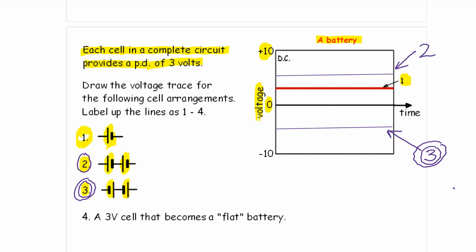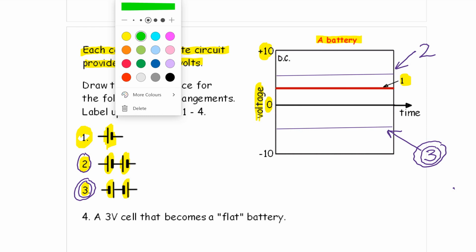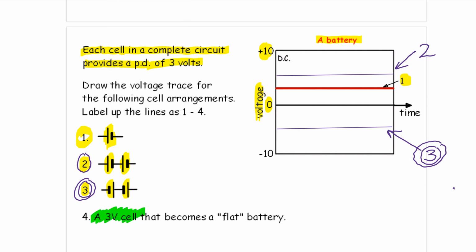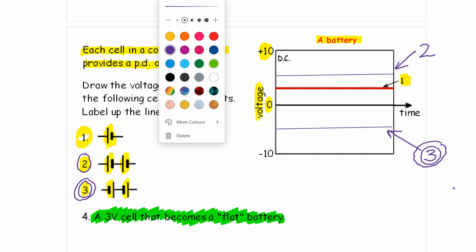Now, we all know that batteries eventually run out of power. They become flat. What will that line look like over time? I shall do this in green.